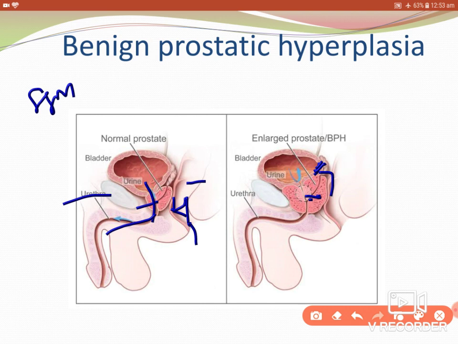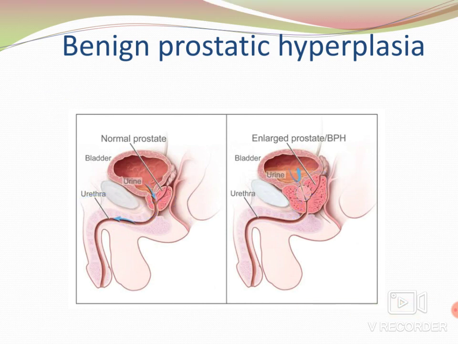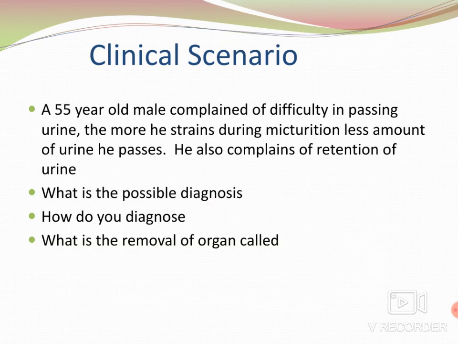There is narrowing of the urethra. Benign hyperplasia starts from the innermost zone, and prostatic cancer starts from the peripheral zone. That's all about the prostate.